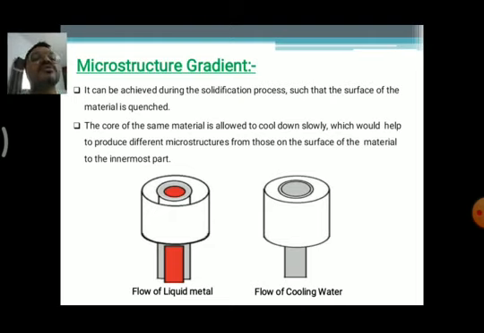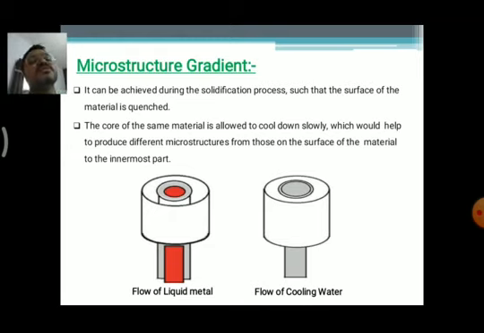The core of the material is allowed to cool down slowly, which could help to produce different microstructures from the surface of the material to the innermost part, that is the core part. We are seeing the core part as the red color in the left side picture, but in the right side picture we are seeing a grayish color core.